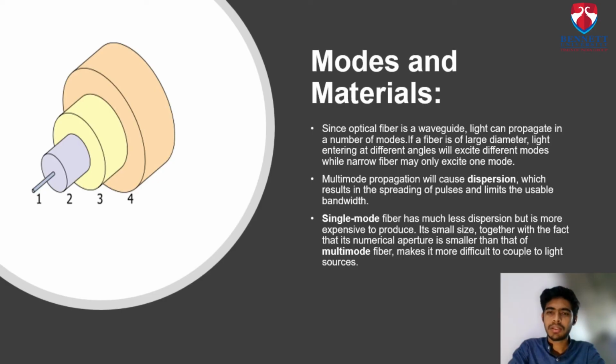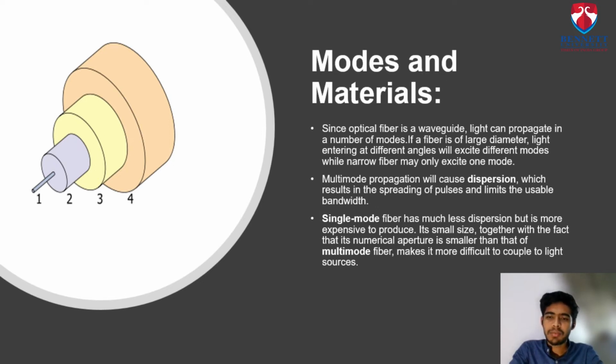Now let's discuss modes and materials of fiber optics. Since optical fiber is a waveguide, light can propagate in a number of modes. If a fiber is of large diameter, light entering at different angles will excite different modes, while a narrow fiber may only excite one mode. Multimode propagation will cause dispersion, which results in the spreading of pulses and limits the usable bandwidth.